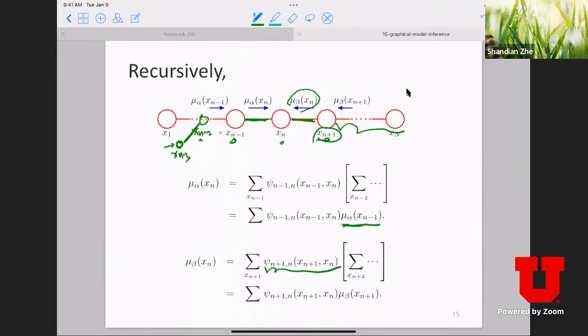And this aggregation of the potential product from xN all the way up to xn+1 is essentially the backward message from xn+2 to xn+1, which is denoted by mu beta of xn+1. So that's another recursive formula.